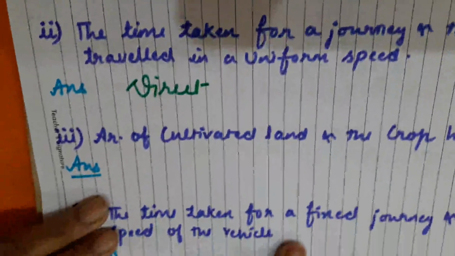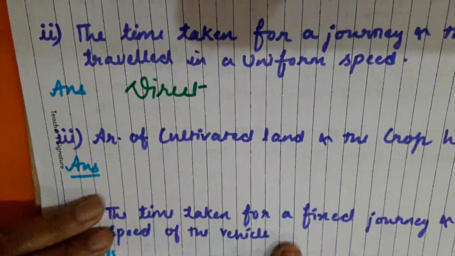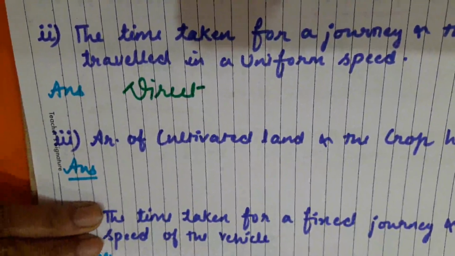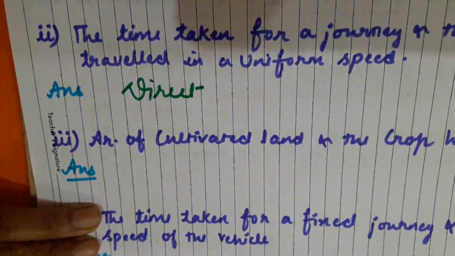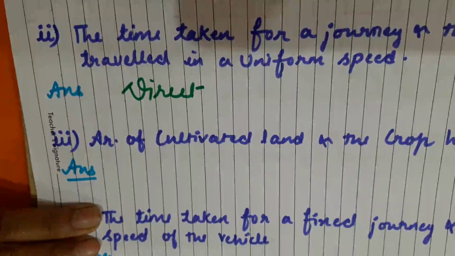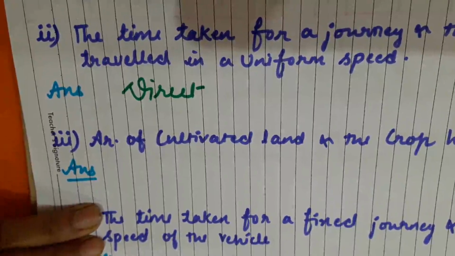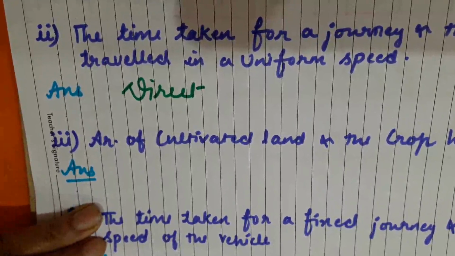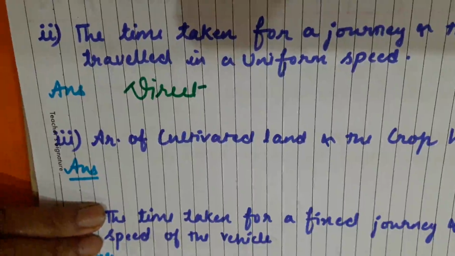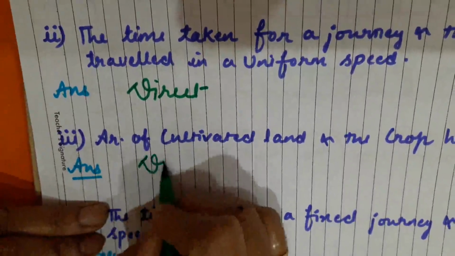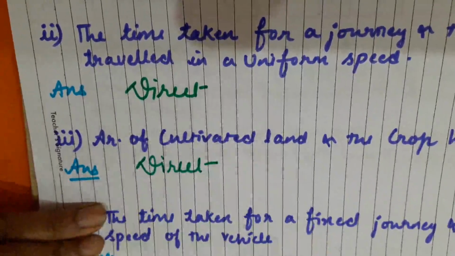Then area of cultivated land and the crop harvested. If you grow more crop, you are able to cut more crops. So something is increasing, the other thing is also increasing. So this is also an example of direct proportion.